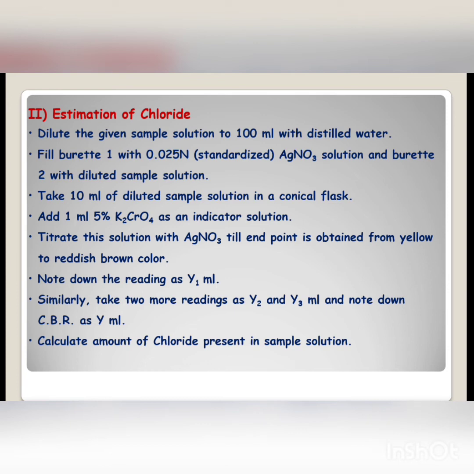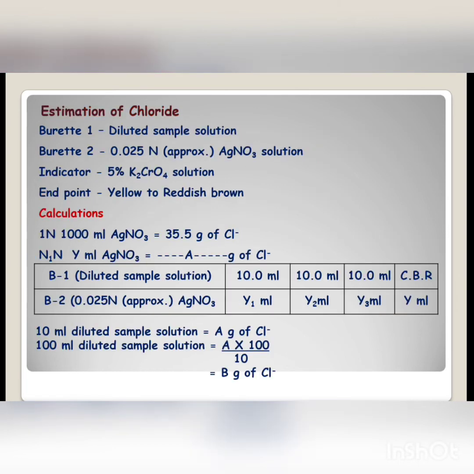First of all we will fill burette 1 with 0.025 normal silver nitrate solution and burette 2 with diluted water sample solution, and from burette 2 we are going to take 10 ml of diluted water sample solution in a conical flask.